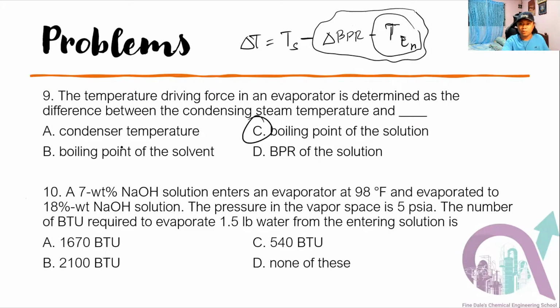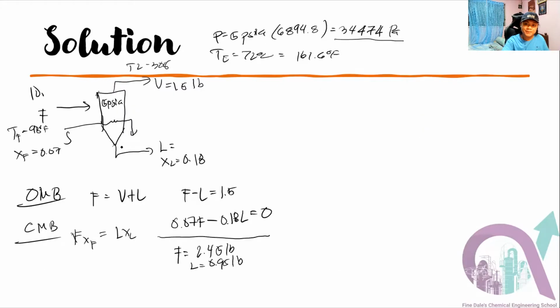So we are asked for the heat required to evaporate 1.5 pounds of water. So we get Q equals m Cp delta T plus the evaporated liquid or the vapor, times the latent heat of evaporation.